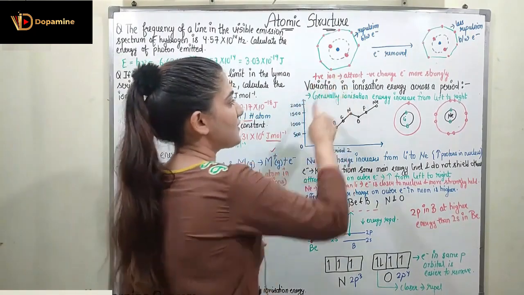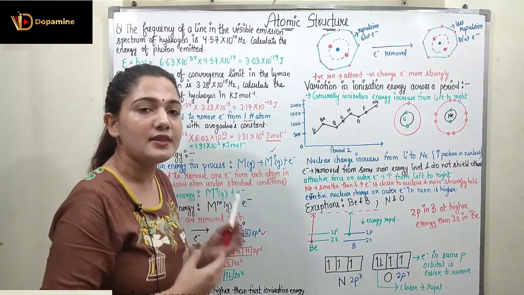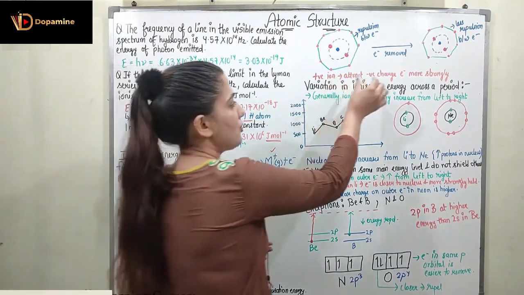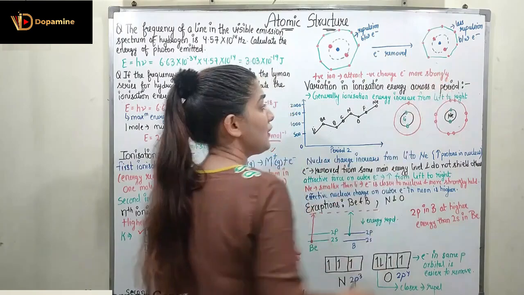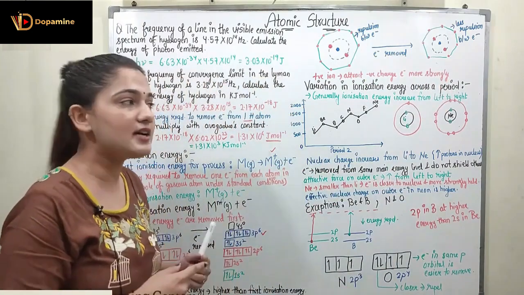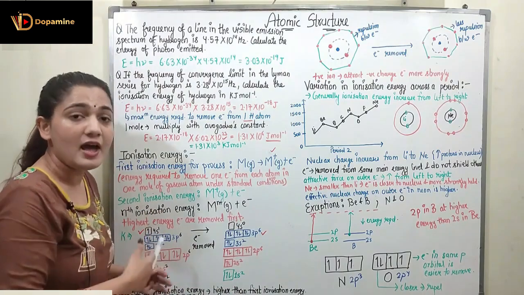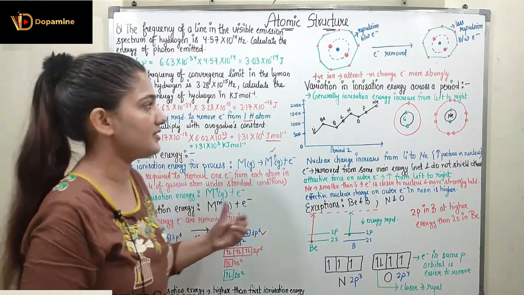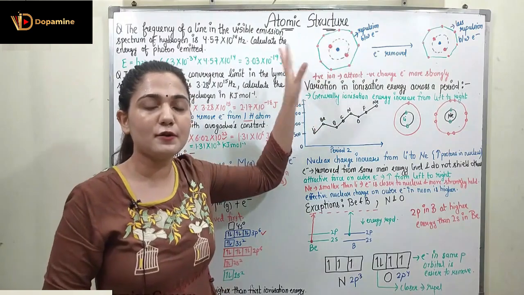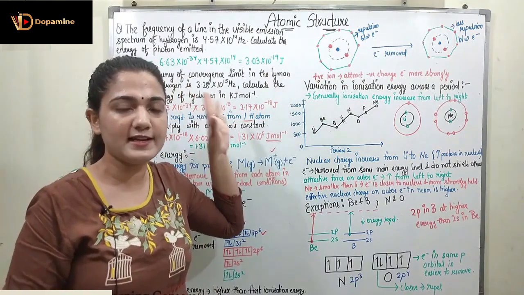So in the nucleus we have the protons, they are going to attract the negatively charged electrons more strongly, and this is the reason that we have the higher energy for the second ionization than the first ionization, right? So I hope you understood why we have the higher energy for the second ionization.